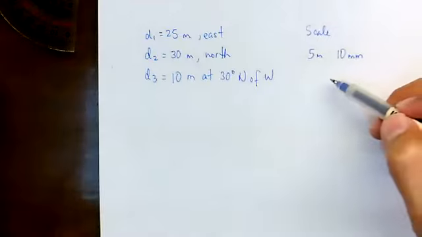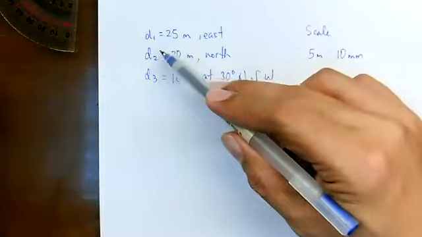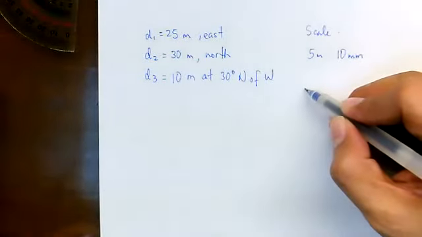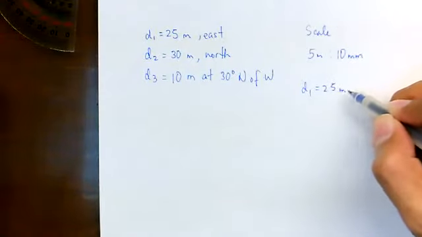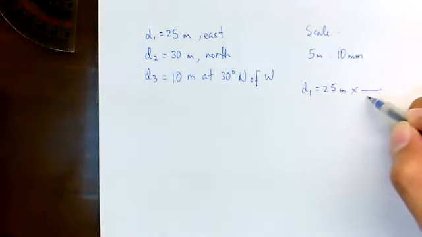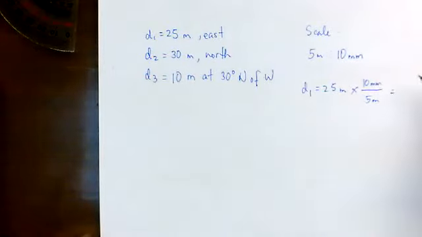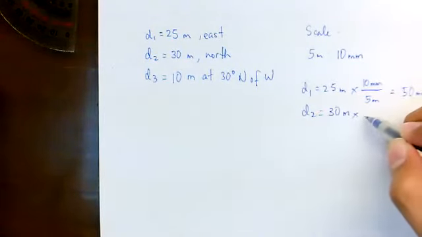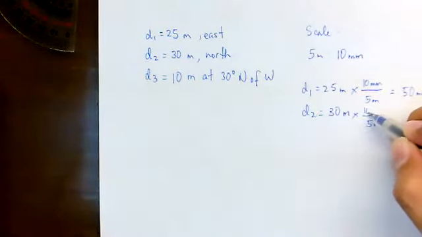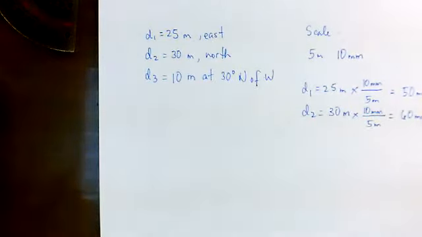After you have chosen a convenient scale, we now get the equivalent values of D1, D2, and D3. D1 is 25 meters. Since 5 meters is 10 millimeters, this will give us 50 millimeters. D2, 30 meters, will give us 60 millimeters.